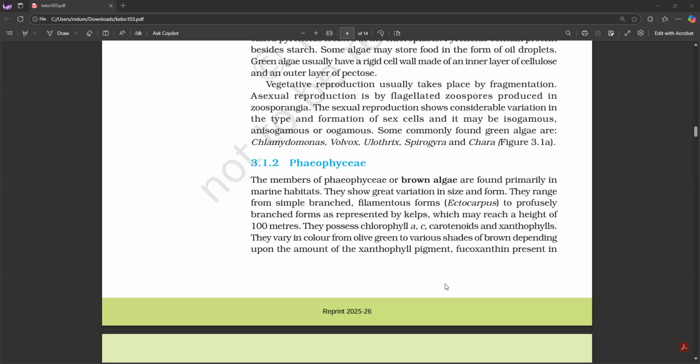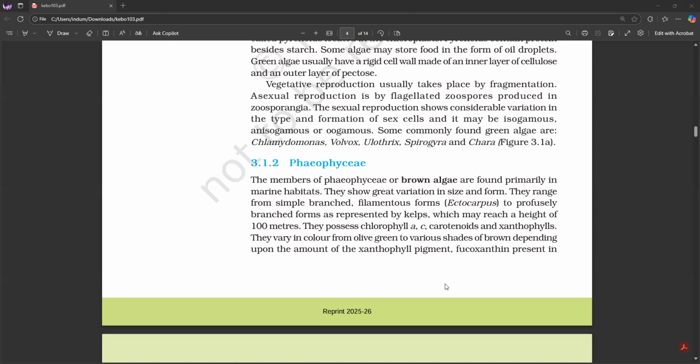3.1.2 Phaeophyceae. The members of Phaeophyceae, or brown algae, are found primarily in marine habitats. They show great variation in size and form. They range from simple branched filamentous forms, Ectocarpus, to profusely branched forms as represented by kelps, which may reach a height of 100 meters.